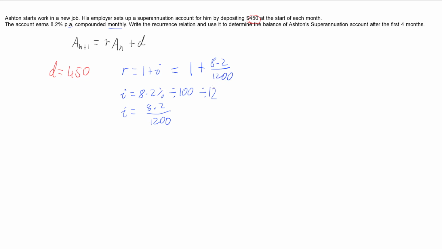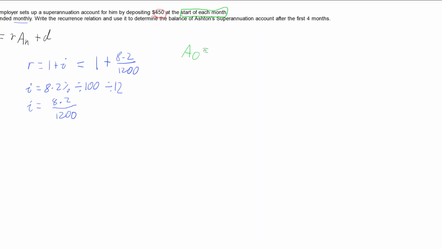The only thing we need to work out is our initial investment A0. Now, the key wording here is that the deposit is done at the start of the month. So if you think about what's happening with the investment, the money is being deposited into the account. So we start at 450. Then at the end of the month, a little bit of interest is applied.